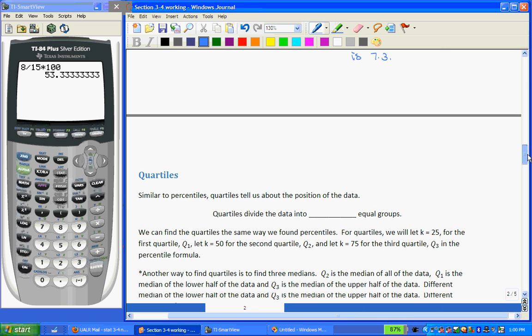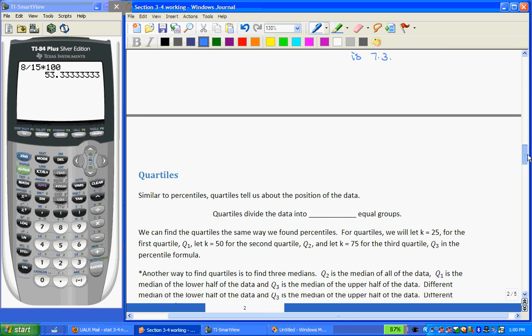The 75th percentile, if I use my formula from before, L equals, well, there's 9 data values, times 75 over 100, which equals 6.75. And because that's a decimal, we're going to round up to 7, so it's the 7th data value.